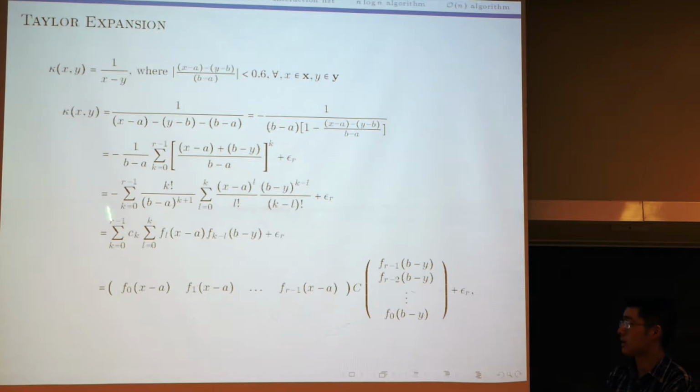The benefit of this expansion is that we separate the points x and y, in the sense that we write the original kernel function as a sum of functions which are a product of the form f(x) times f(y), as you can see here, so that we have this factorization where C is a coefficient matrix.